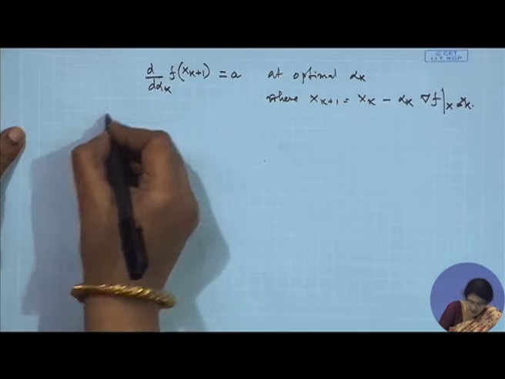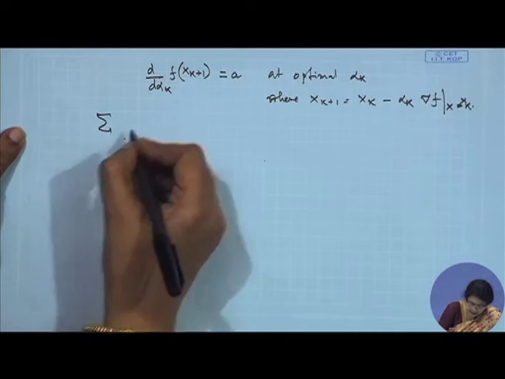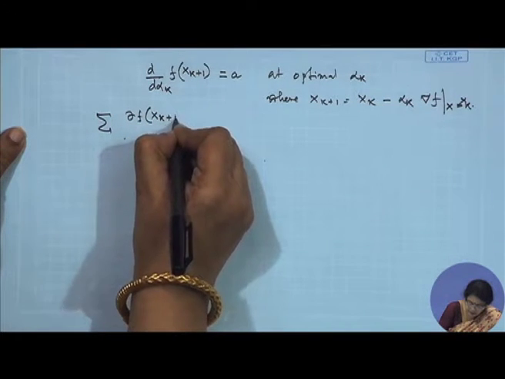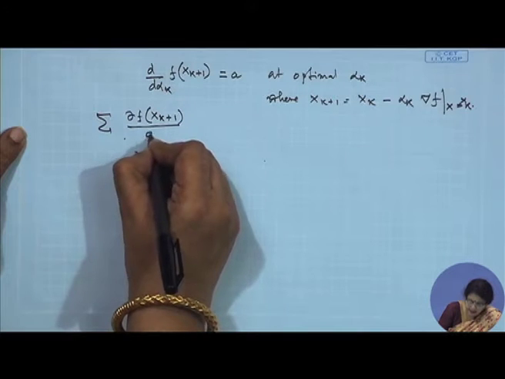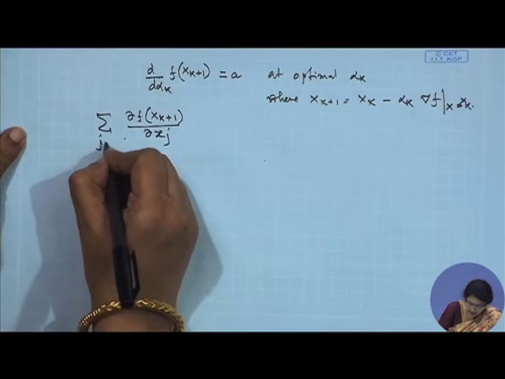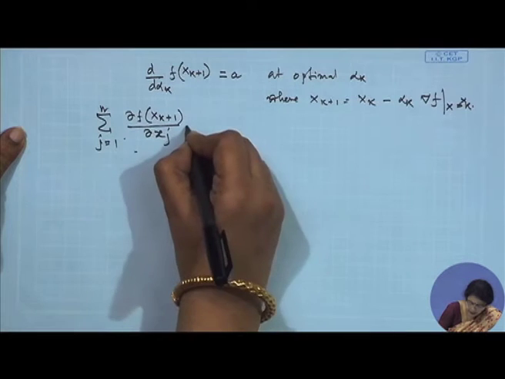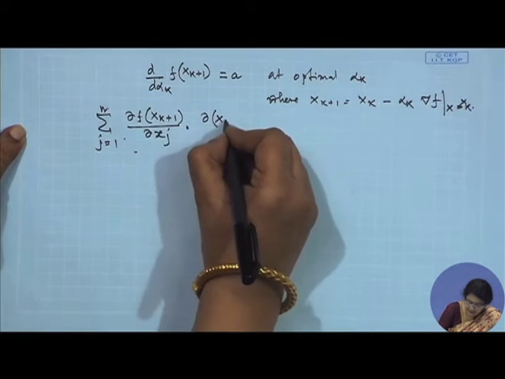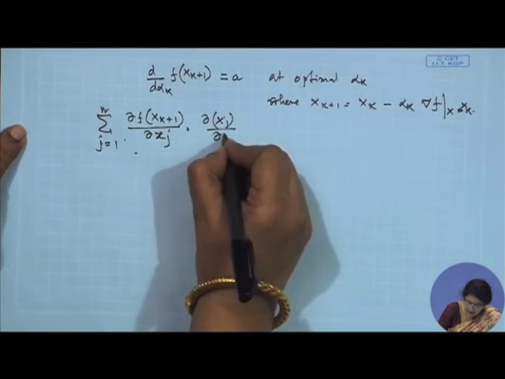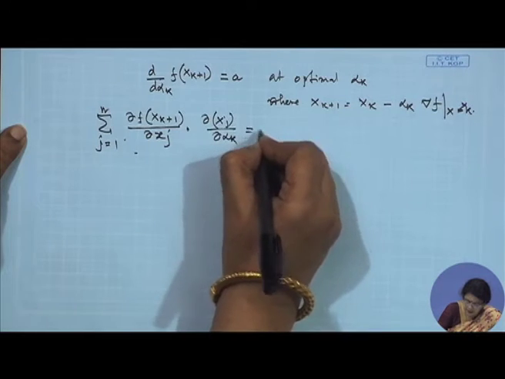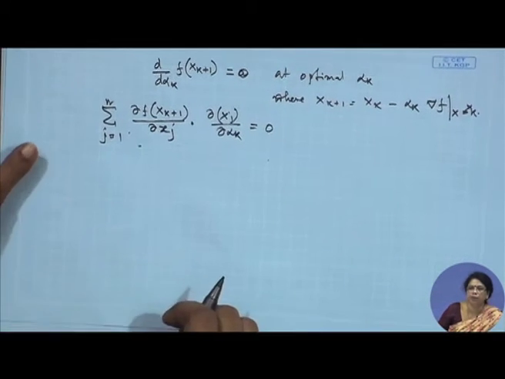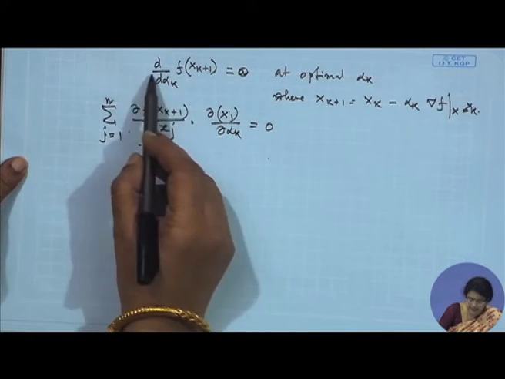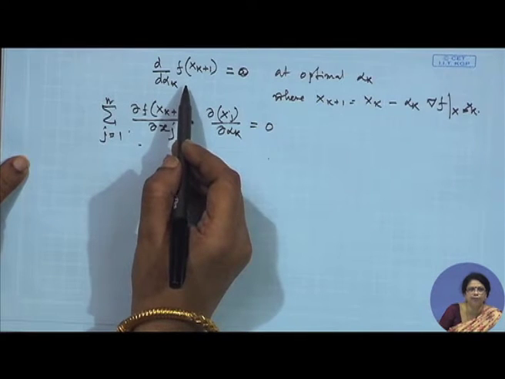That is why if we use the chain rule here, we get the sum over j equal to 1 to n of del f(x_{k+1}) by del x_j into del x_j by del alpha_k, and that must be equal to 0. From here we can say through the chain rule, alright, and this is the necessary condition for optimality of alpha_k.